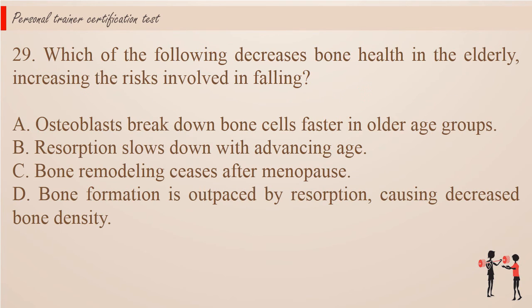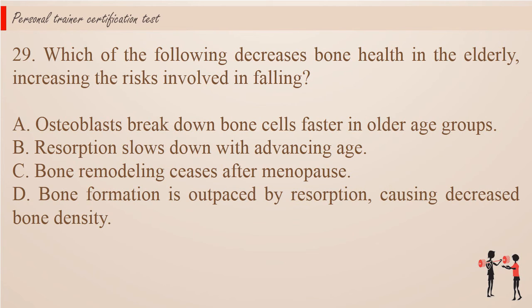Question 29. Which of the following decreases bone health in the elderly, increasing the risks involved in falling? A. Osteoblasts break down bone cells faster in older age groups. B. Resorption slows down with advancing age. C. Bone remodeling ceases after menopause.